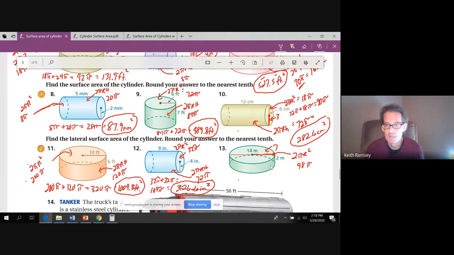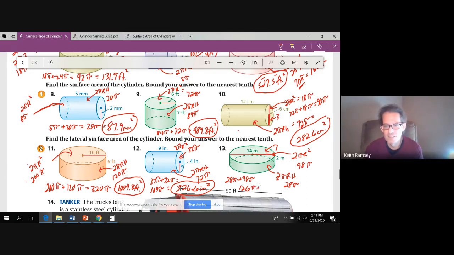Okay? Then my lateral surface is 2 times pi times the radius times the height. So if my radius is 7, 7 times 2 is 14, times 2 is 28. So this simplifies to 28 pi. Last step, 28 pi plus 98 pi is going to be 126 pi.